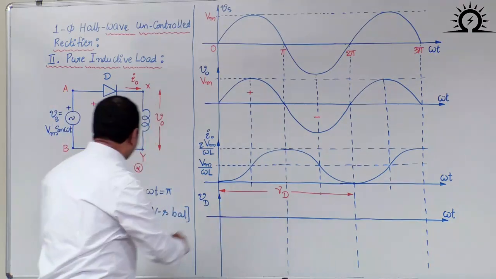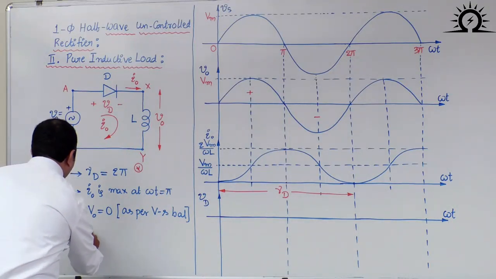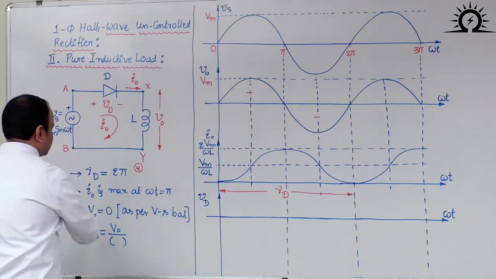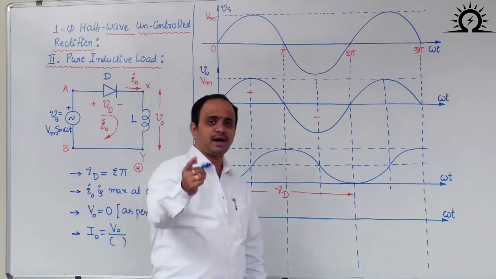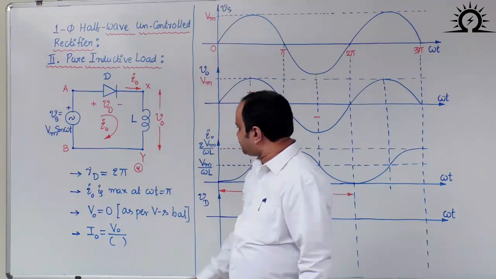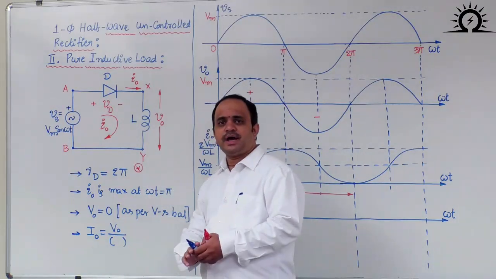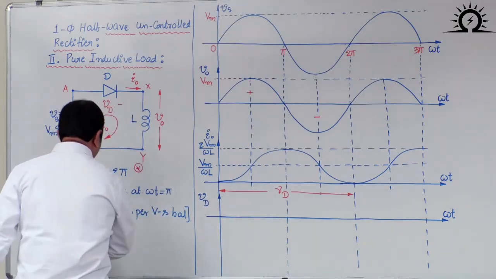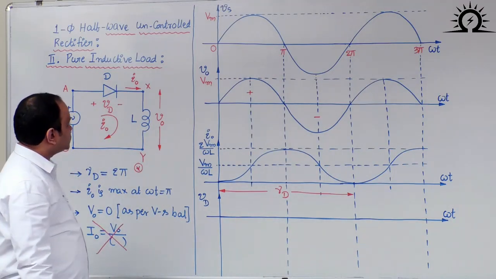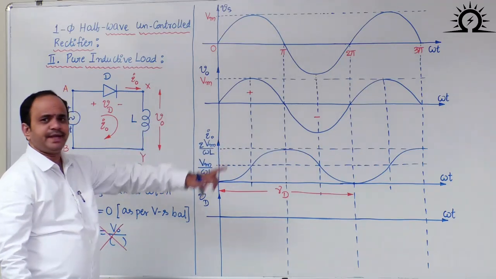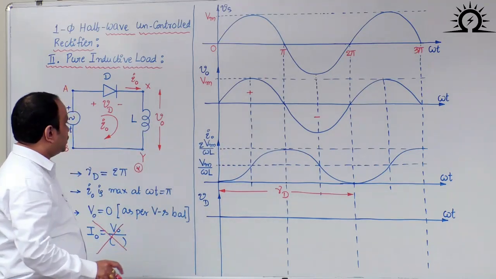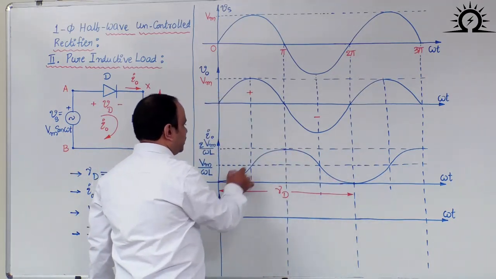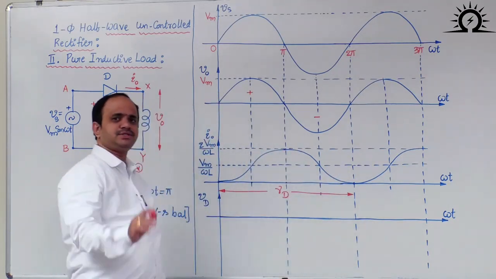In our earlier resistive load, we wrote I naught is equal to V naught by R. Now in this particular circuit, can we write I naught equal to V naught by some number? The answer is no. Why? Because the average output voltage is 0, but if you look at the output current waveform, the area under this waveform is not 0.